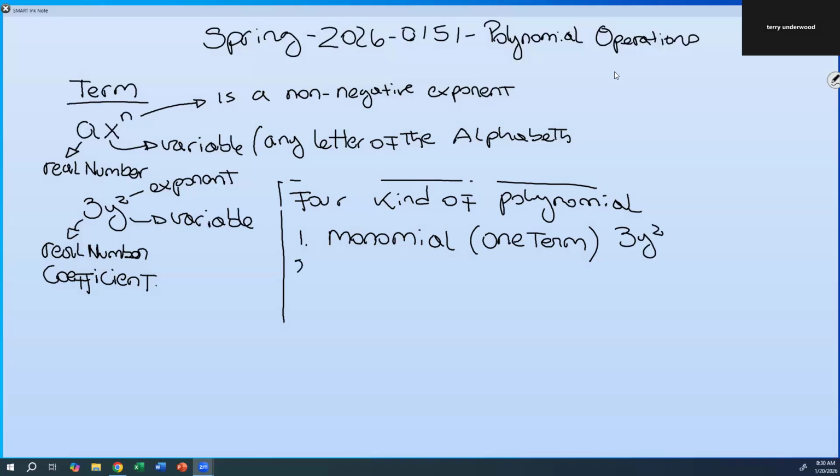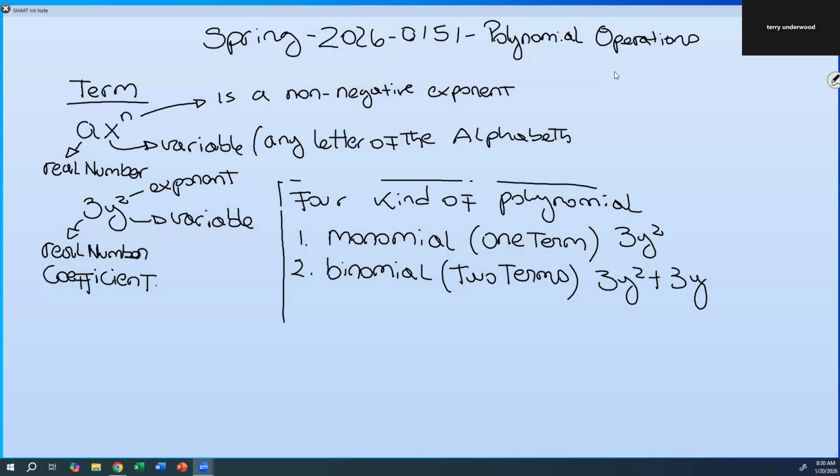The second kind is a binomial, and it's made by two terms. For example, 3y squared plus 3y. But in mathematics, we don't write the ones, like neither in physics and chemistry.